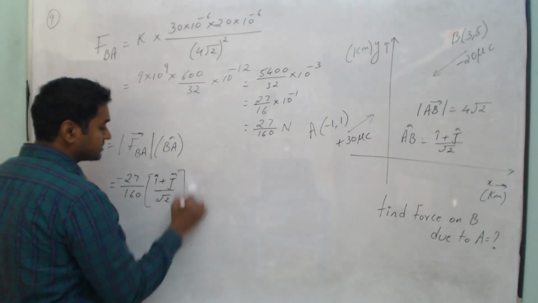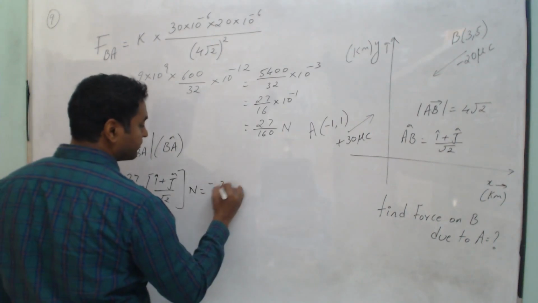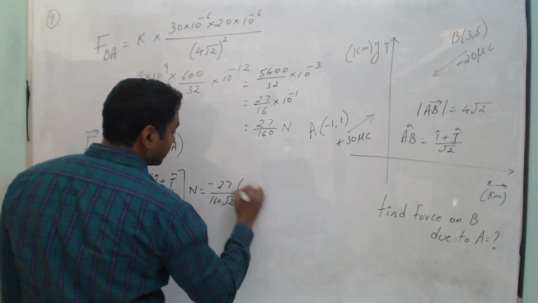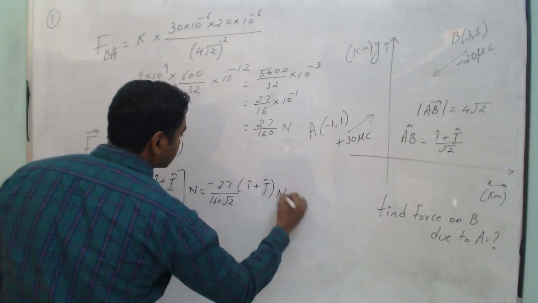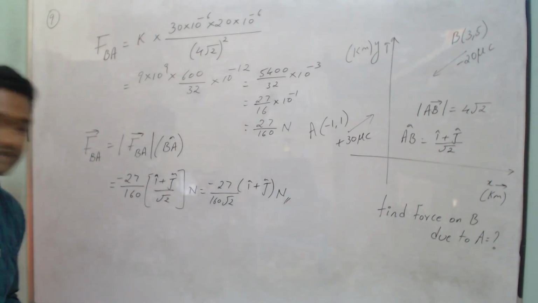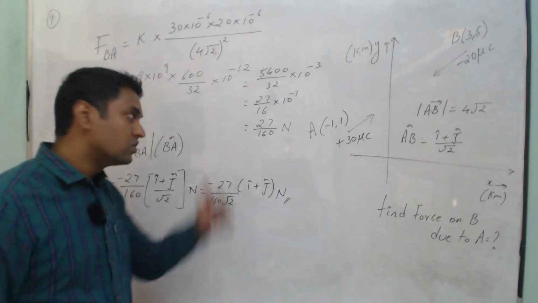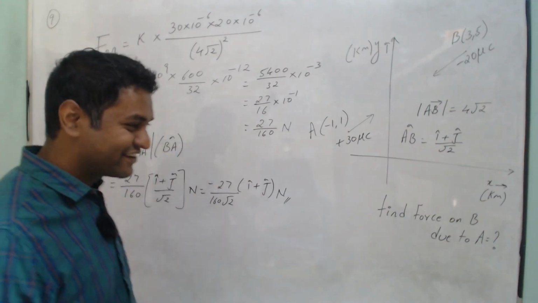So the final answer I will give as minus 27 by 160 root 2 times I cap plus j cap. This is the force vector, Newton. Is this clear? Take it down.